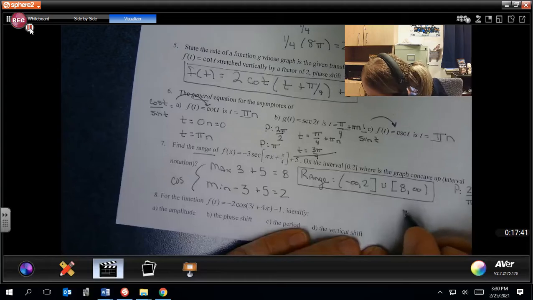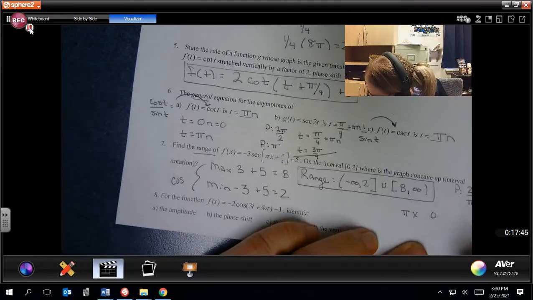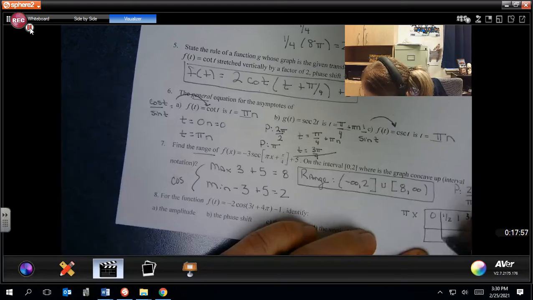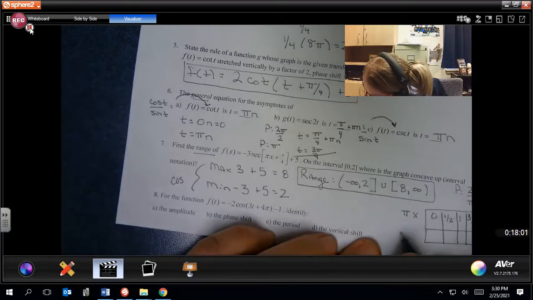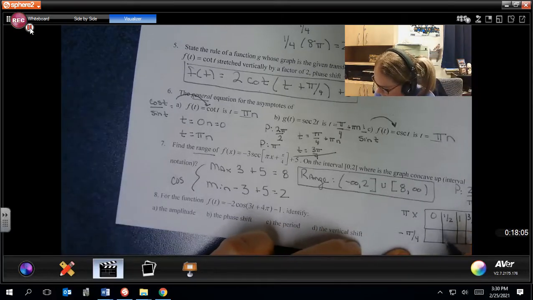If I'm looking at pi x, I guess these aren't t's, these are x's. I'm going from 0 to 2, 1, 1/2, and 3 over 2 right here. Okay, and then let's shift that negative pi over 4. So that's negative pi over 4.